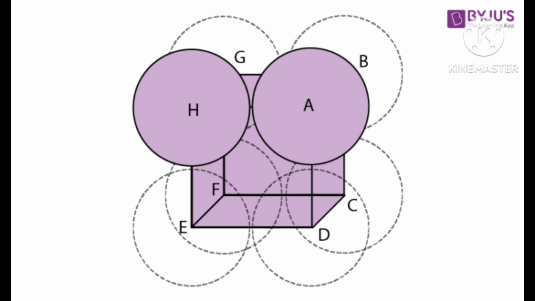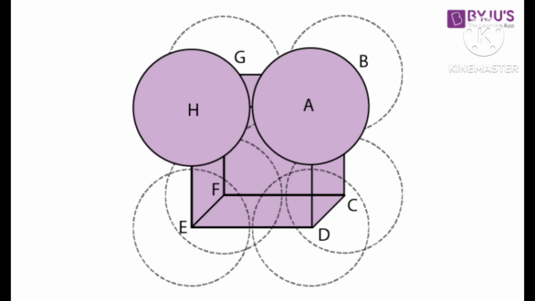Okay, now next I am going to discuss the packing efficiency in simple cubic lattice. In simple cubic lattice, all things are what we have discussed in last class and today. All the concept is the same, only the structure will change, a minor change in structure.